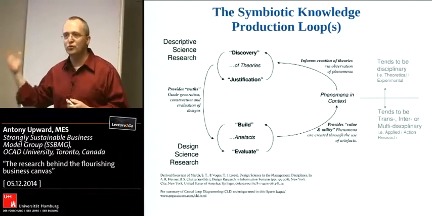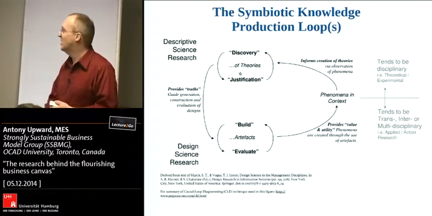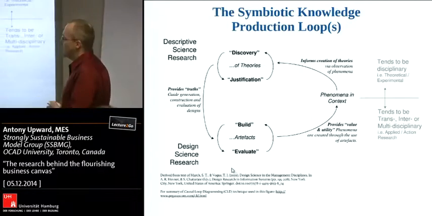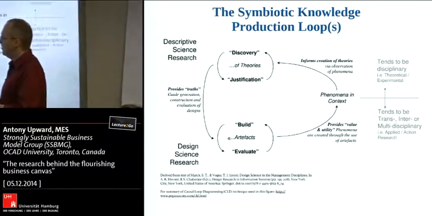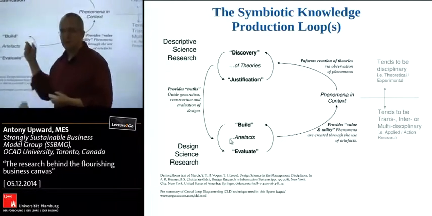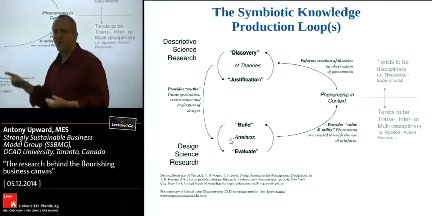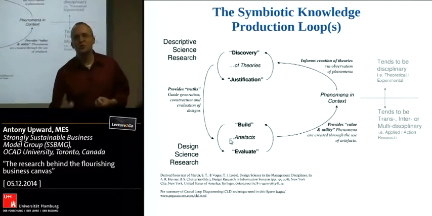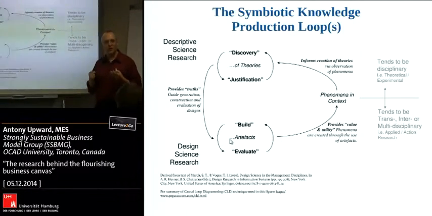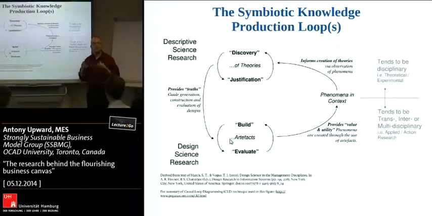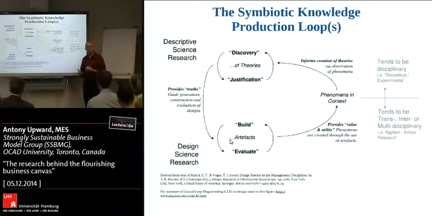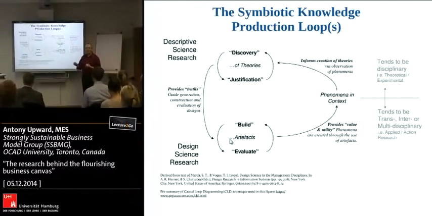So there's quite a lot of truths that descriptive science has provided us. So what design science then says is we can build something new and we can then evaluate whether or not we have built something that is useful. So our justification in design science is not, is it true? It's whether it's useful. So I will use an analogy.